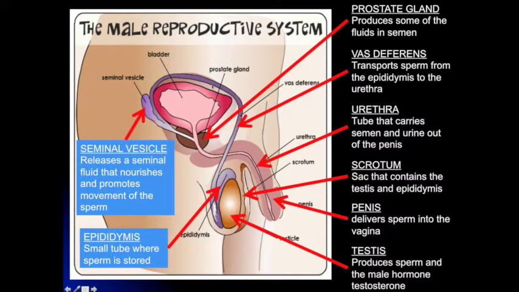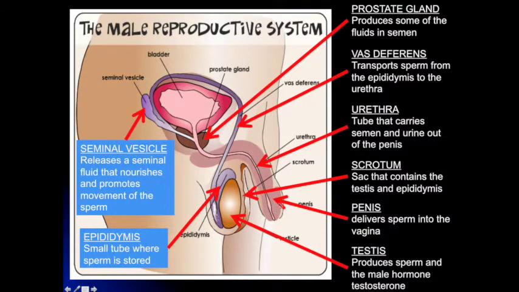Number 5 would be the seminal vesicle. Number 6 would be the prostate gland. Number 7 would be your urethra. And number 8 would be the penis.